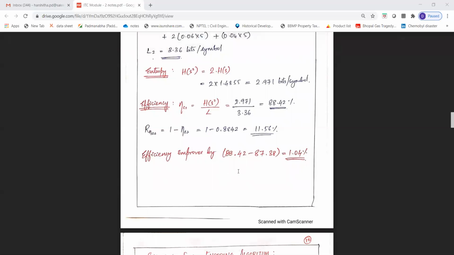So let's take the difference of the two efficiencies. So we got 1.04%. So by this percentage, the efficiency is being improved. Therefore, what we can conclude from this is that the efficiency of the second extended source is greater than the efficiency of the basic source. Thank you all.